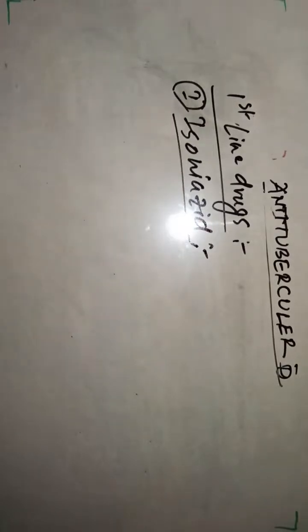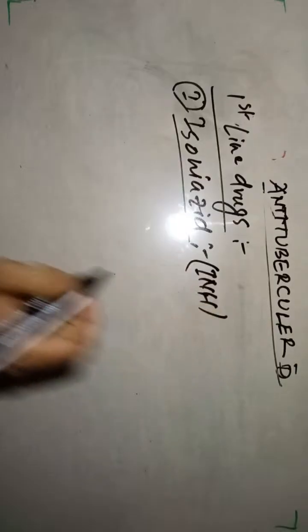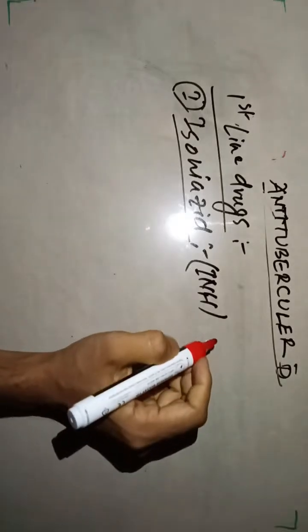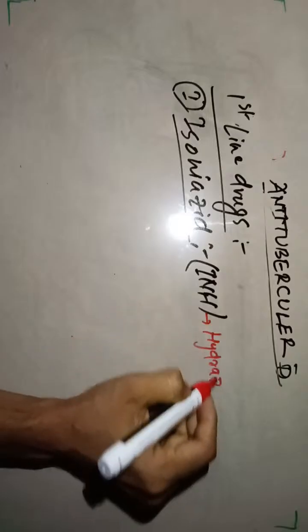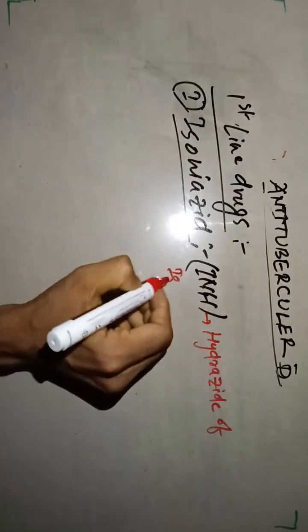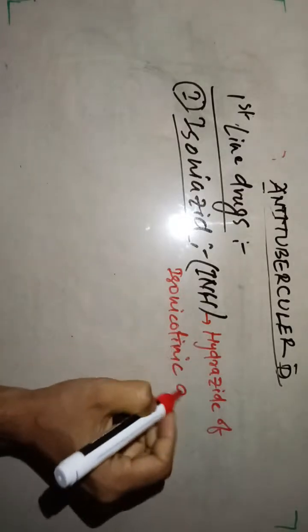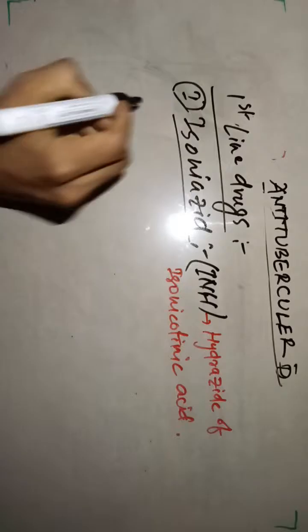In the first line drugs, number 1 is isoniazid. Isoniazid is also mentioned as INH. You have to remember that isoniazid is the hydrazide of isonicotinic acid. Next, what is the mechanism of action? The mechanism of action is very simple.